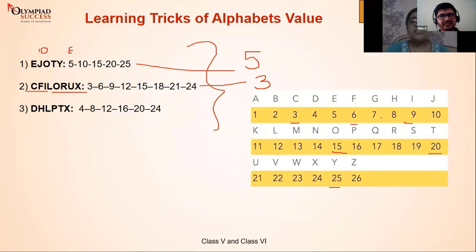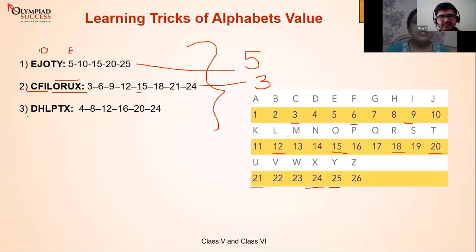Then I have L, which is 12. So CFIL makes 3, 6, 9, 12. After which I have ORUX. Now O stands for 15, R stands for 18, U stands for 21, and the last multiple present is X, which is 24. So this makes CFILORUX the multiple of 3.